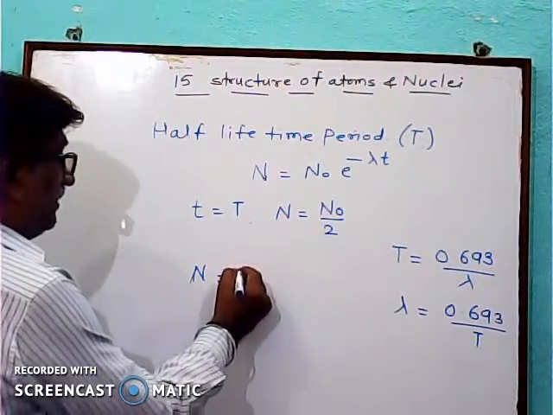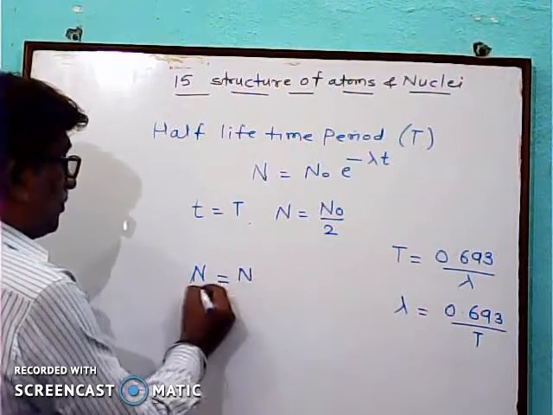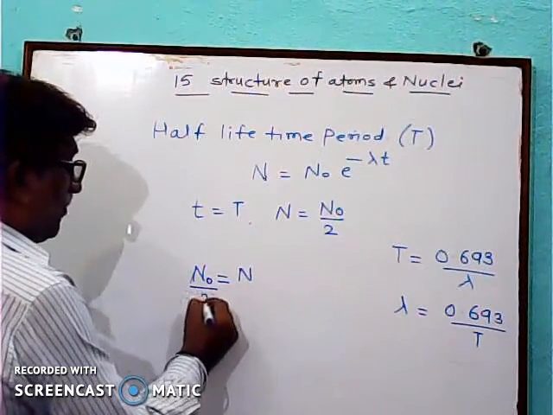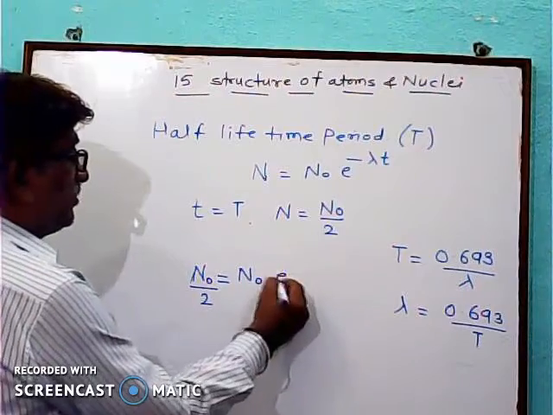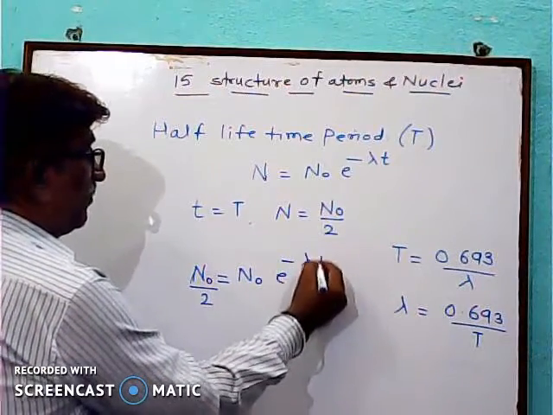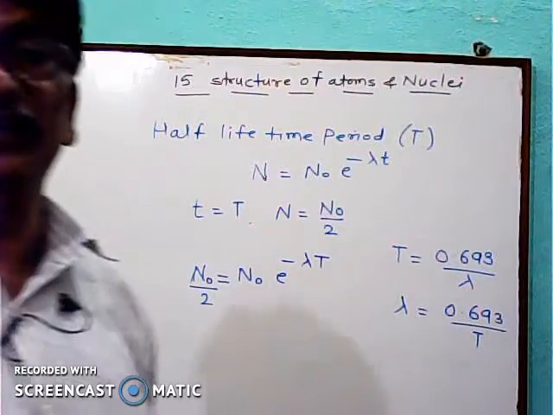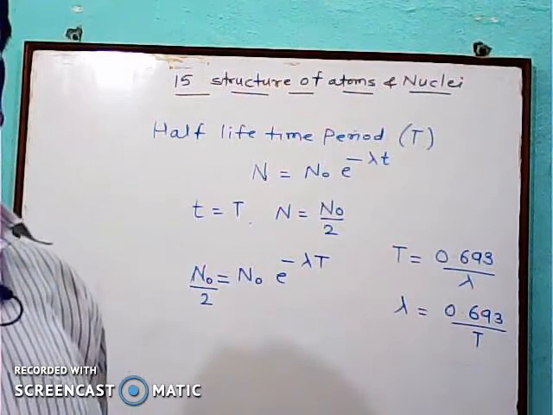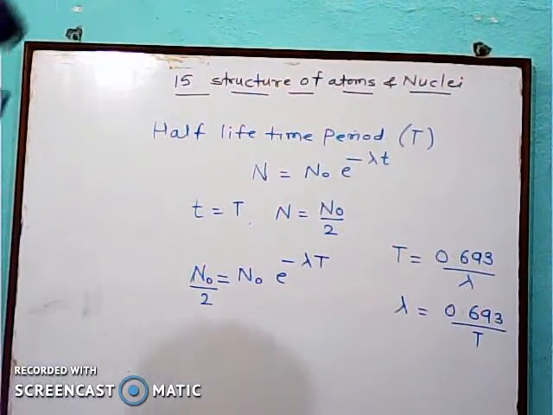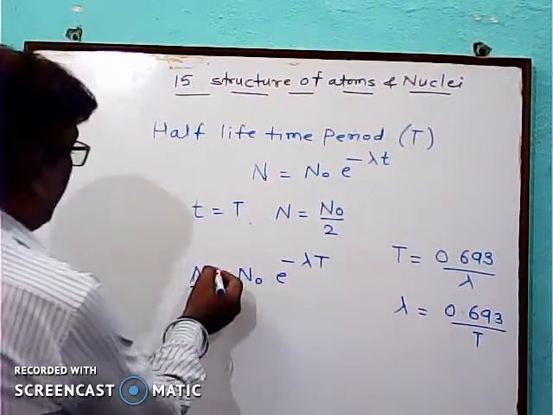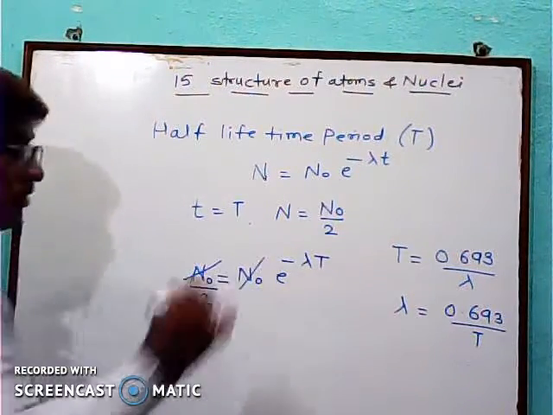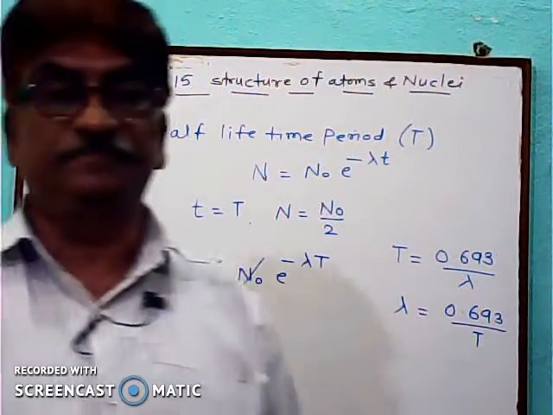is equal to capital N0 upon 2 equal to N0 e raised to minus lambda capital T, because small t equal to capital T and N equal to N0 upon 2. If we see carefully on both sides, left side and right side, N0 gets cancelled.